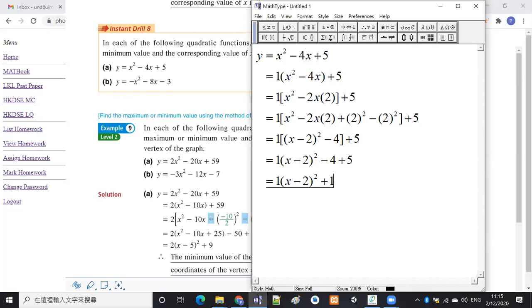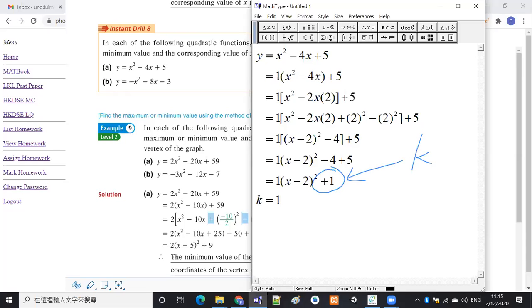Okay, then we can just write down the value of k. The k value will be equal to 1. That is the number outside the bracket. This one will be the k value.